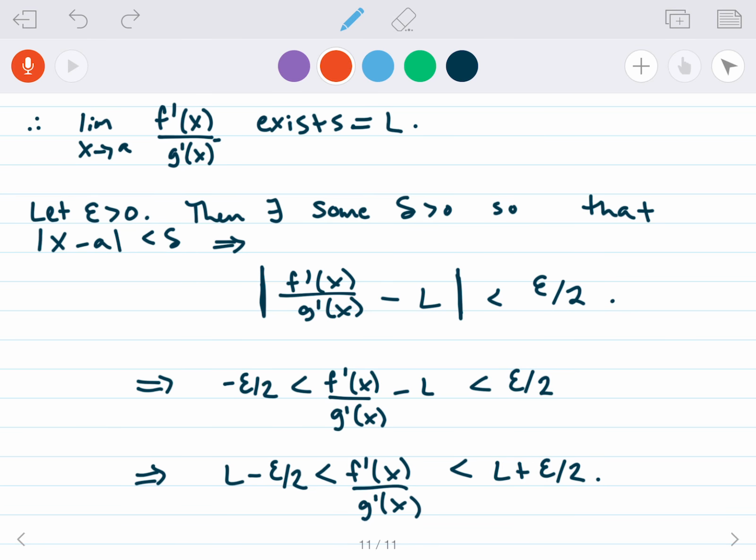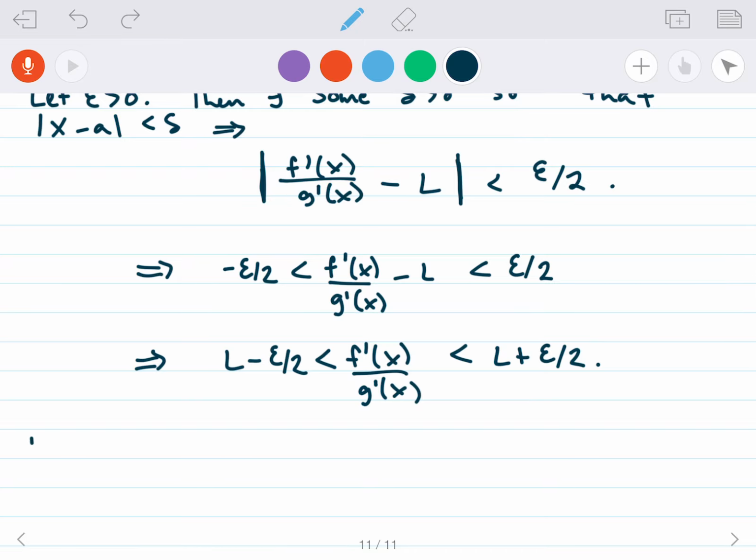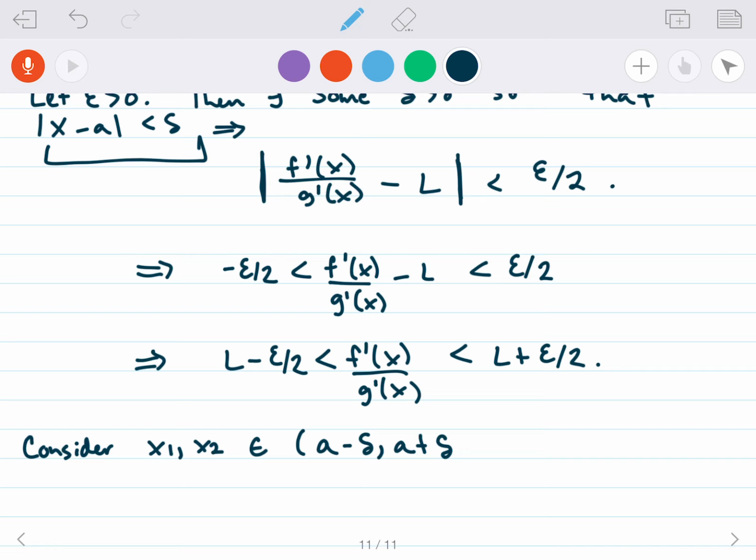So let's write that out. Okay, so we're going to consider x1, x2 in my neighborhood centered at a. Okay, so this is right here. This is my neighborhood.